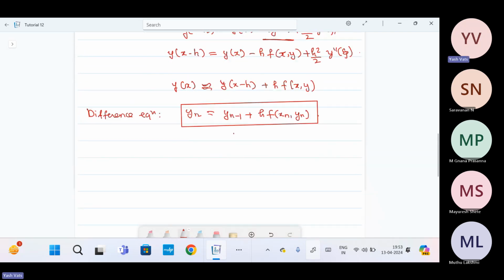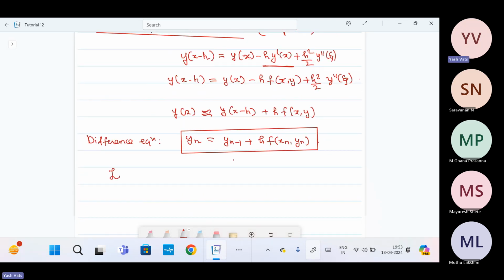The local truncation error is order of h square, and the global is order of h.